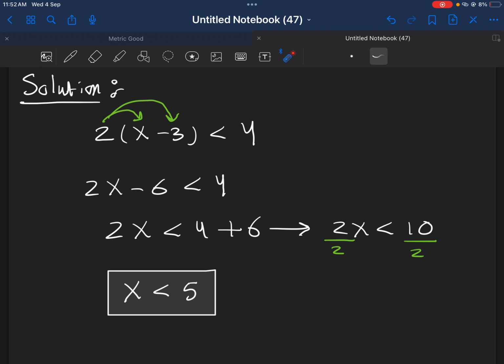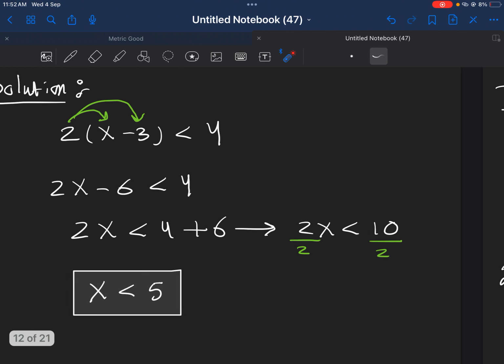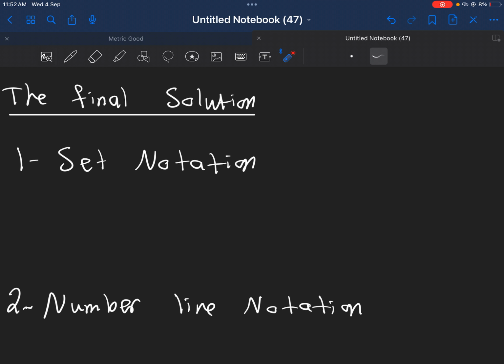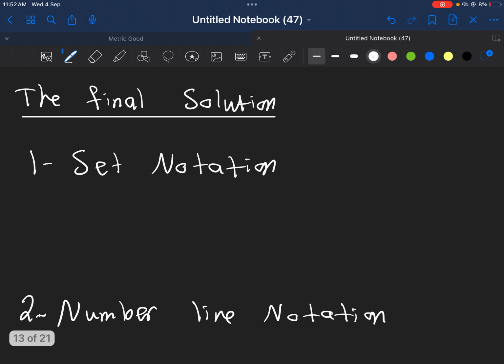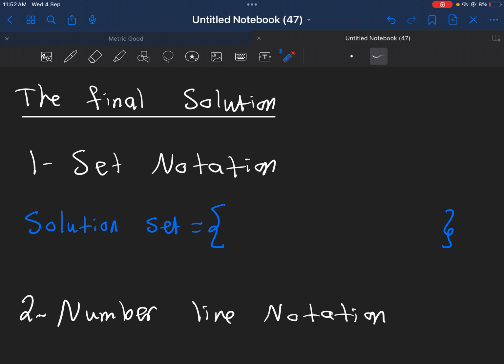However, when we talk about inequality, the solution can be written in 3 different ways. Let's see what those 3 different ways are. The first one is the usual way of writing the solution set. Remember, for a solution set, we open one bracket, we close this bracket, and here we need to write what x is.